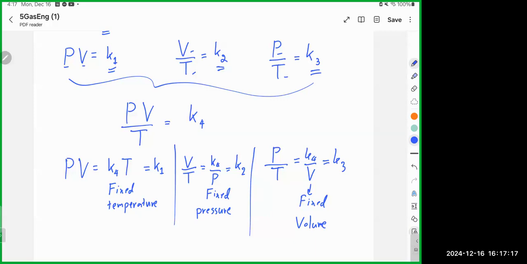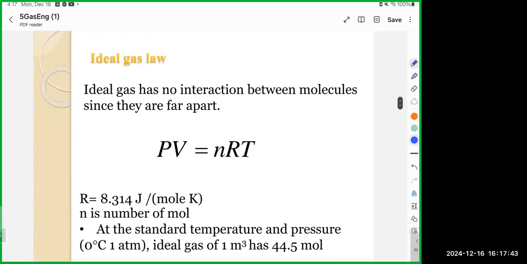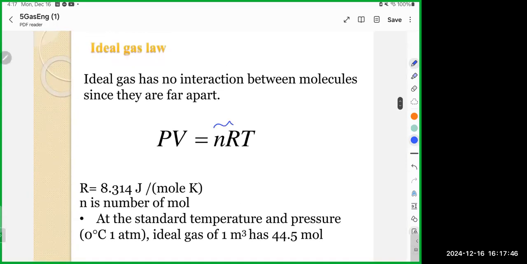Now, by the empirical, this K4 equals N times R. N is the number of moles and R equals 8.314 joules per mole Kelvin. So as you can see right here, this nR is the K4 that I already wrote for you.